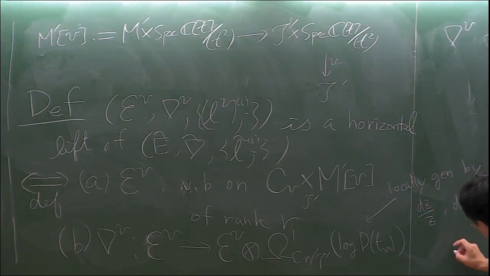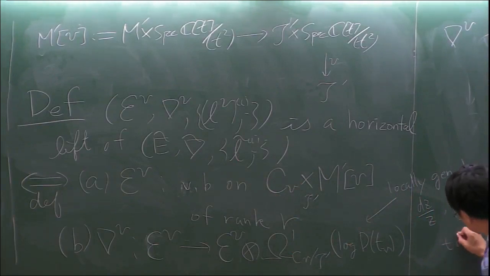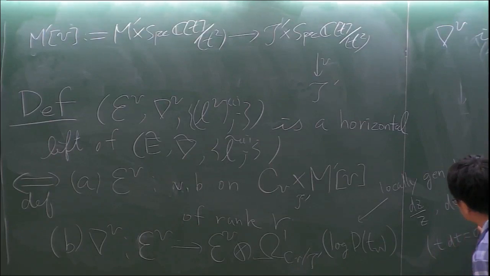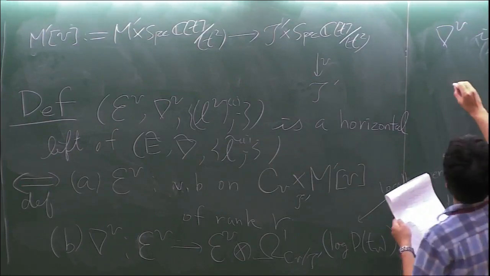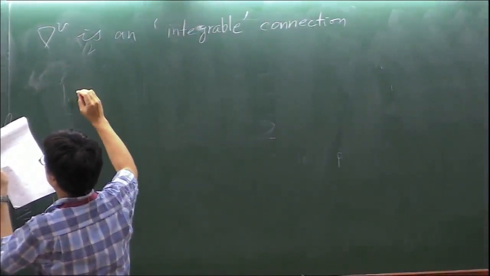And in this reduced scheme, T square is 0, so t dt is 0. And there is more condition.